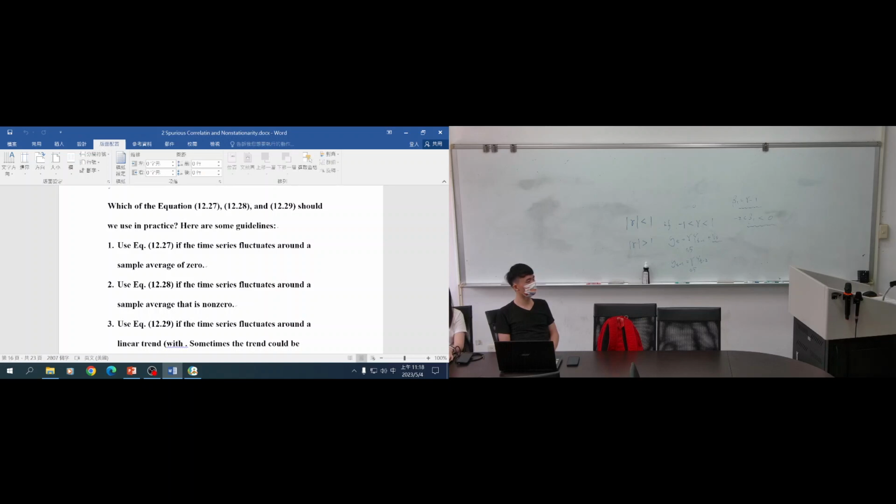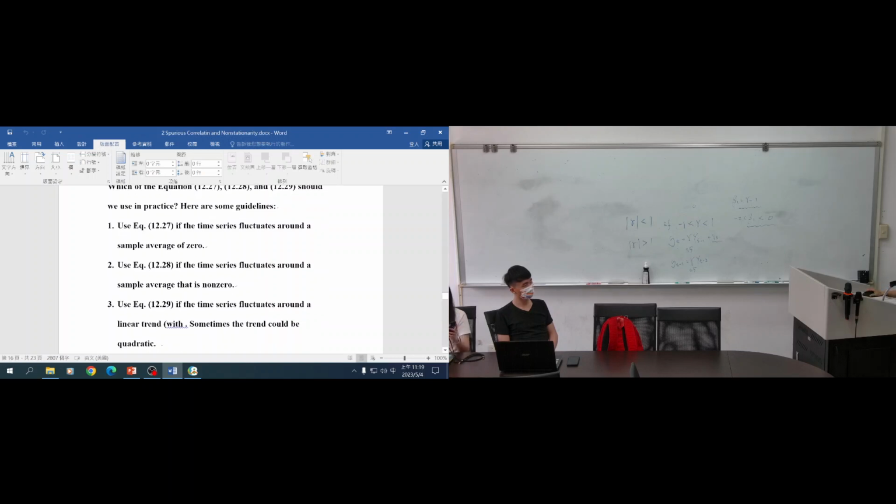The second one is 12.28, if the time series fluctuates around a sample average that is non-zero, because we do have a constant term there. Then 12.29, if the time series fluctuates around a linear trend, which means there's something related to time, then we use the 12.29 version.